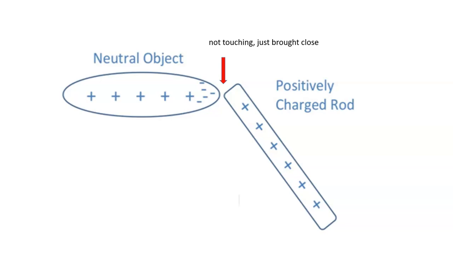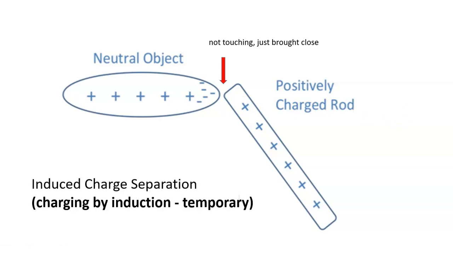Opposite charges attract. So the negatives within the neutral object are attracted towards this great big positive charge. So they move as close as they can to it. Remember, only the electrons are moving.